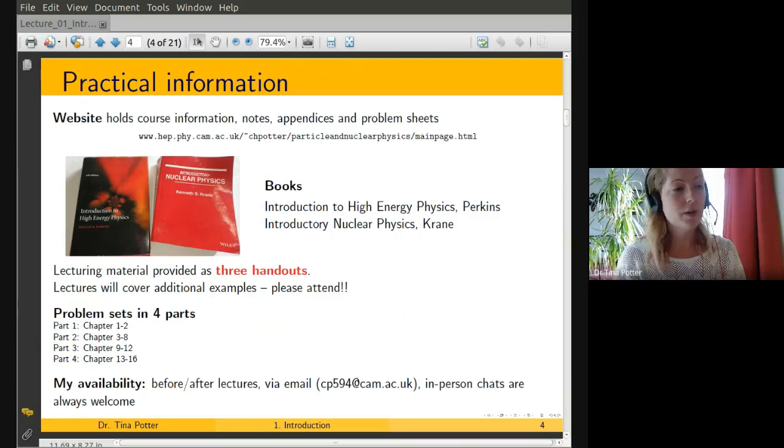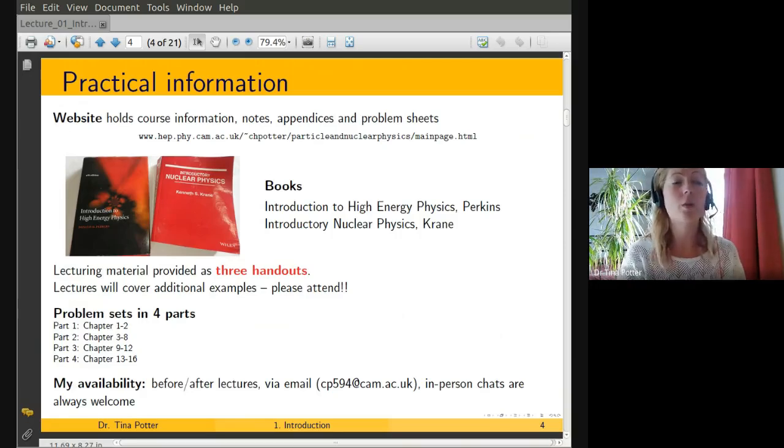And then finally, my availability. I am very open to discussions and questions on this topic. I'm always surprised every single year when somebody ends up asking me questions that I cannot answer immediately, and I love that about this job. But my availability to you is typically before and after lectures.